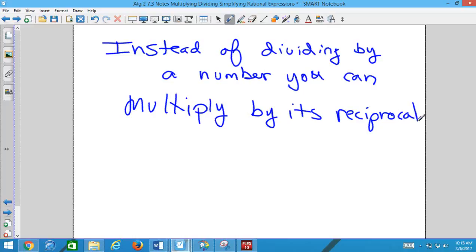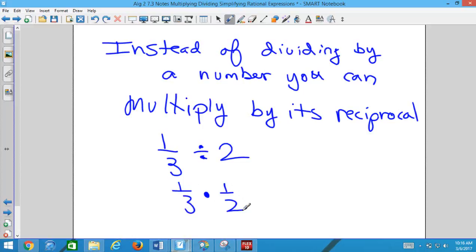So if I have a super easy question that we could type in our calculator, if I had a third divided by 2, instead of dividing by 2, we can multiply by the reciprocal of 2. So instead of 1/3 divided by 2, we could do 1/3 multiplied by a half.